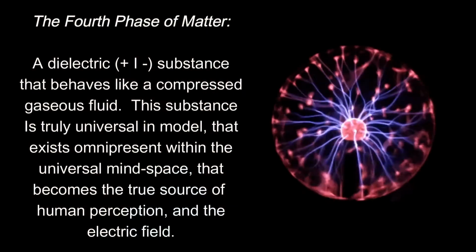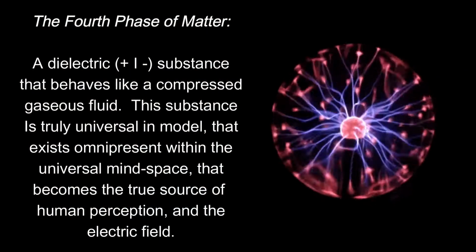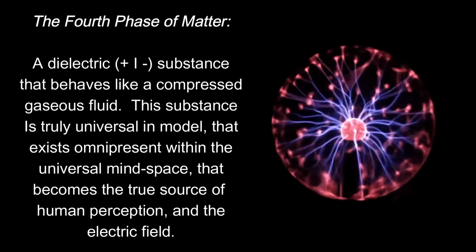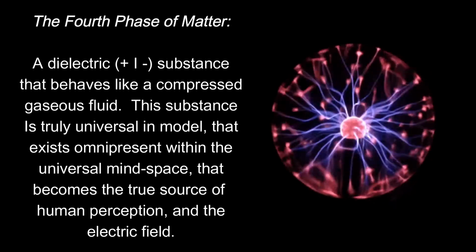It seems like all we're doing in physics is trying to couple into this universal world where the speed of light exists, which I think is united with the 4th phase of matter, this plasma type substance. It's naturally where electric charge is truly sourced from. It's contained within this dielectric plasma type substance.